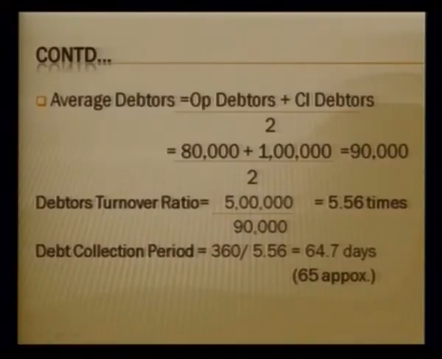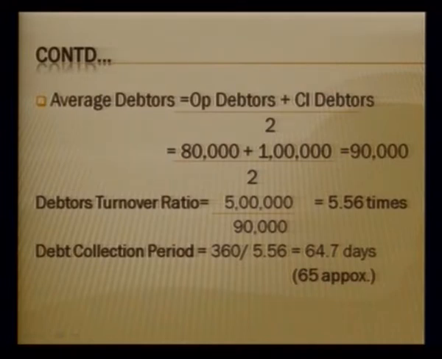Then for the average accounts receivable, since bills receivable is not given to us, and the opening and closing balances are given, we compute the average debtors by dividing the sum of the opening and closing debtors, which in our case becomes 90,000.